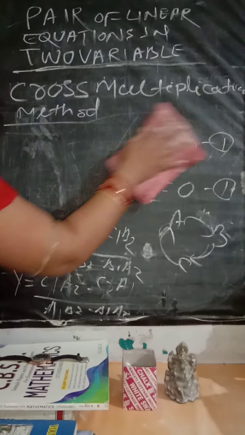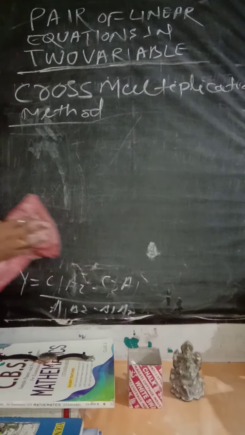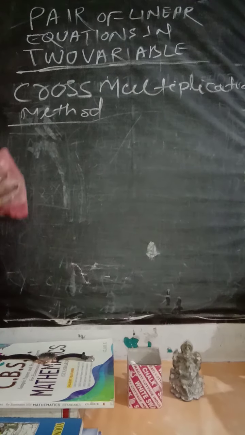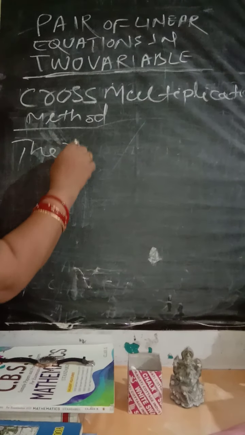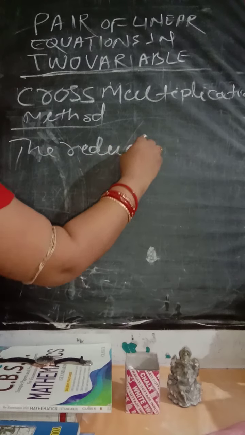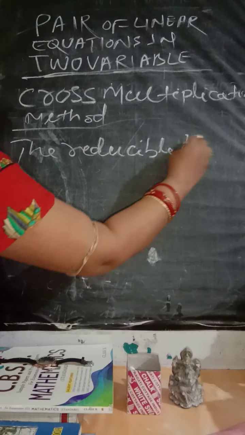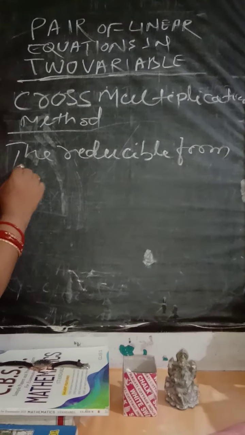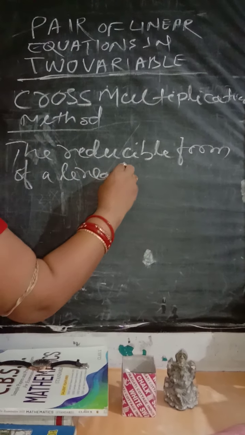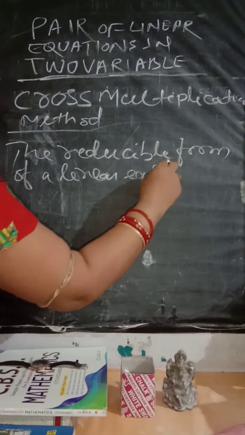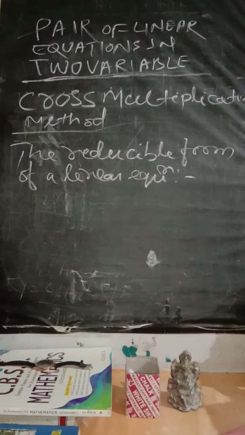Now come to the last part, the reducible form of the equation. The reducible form of a linear equation. What is the reducible form?